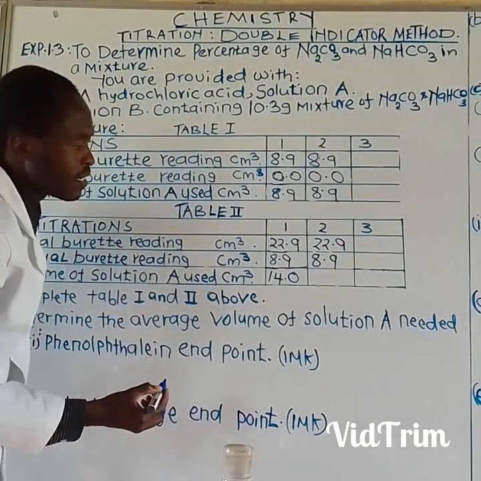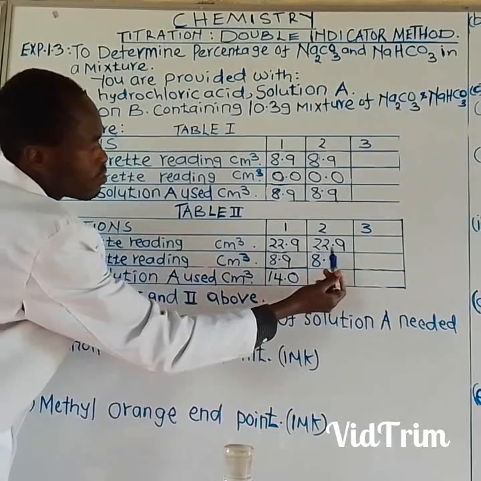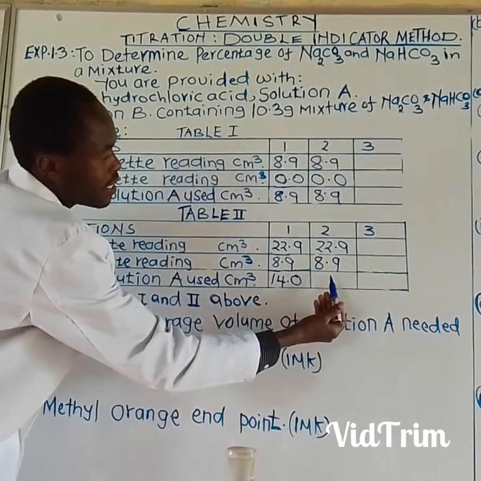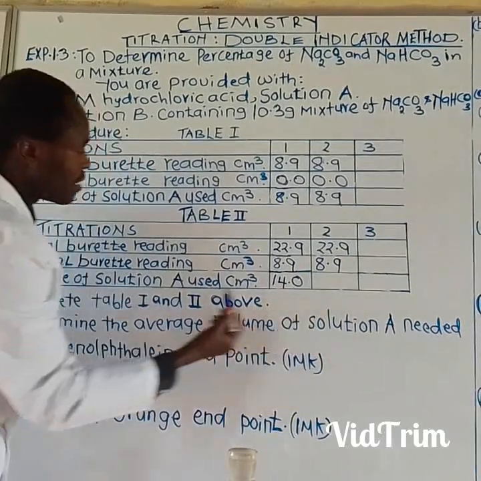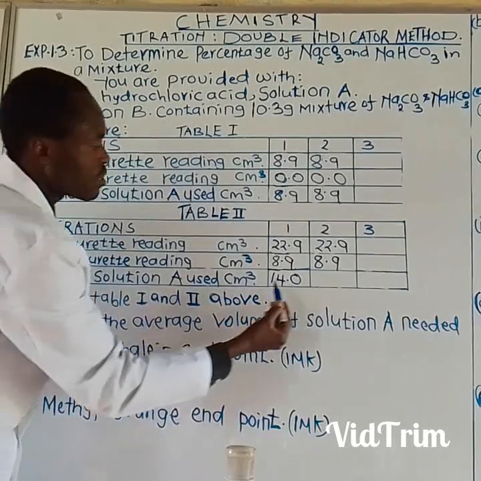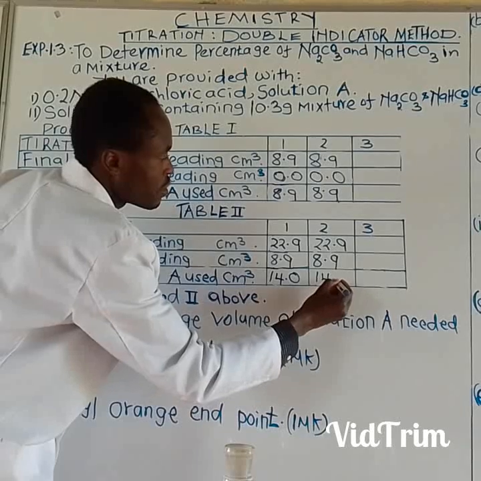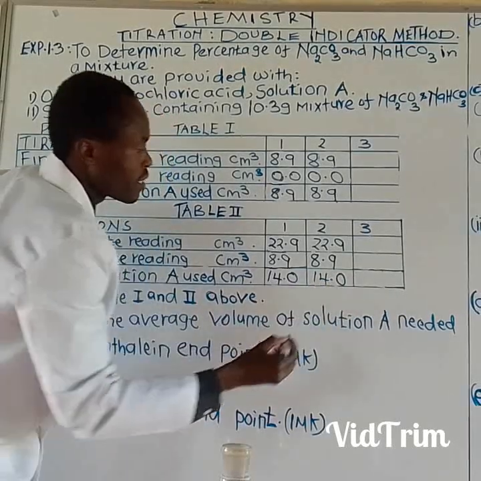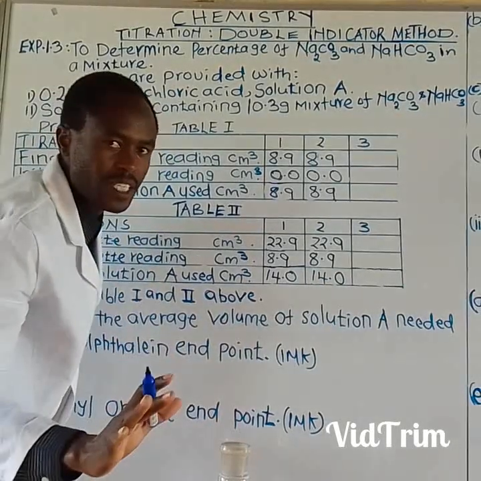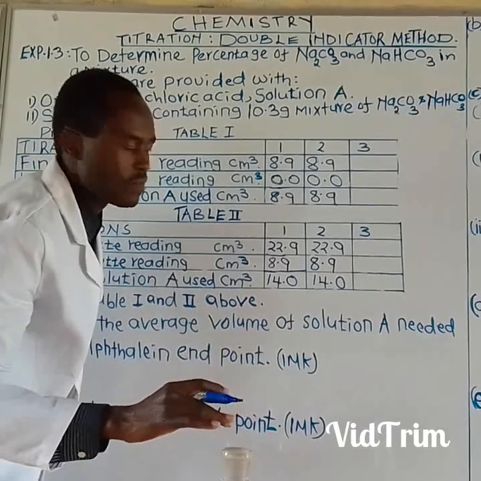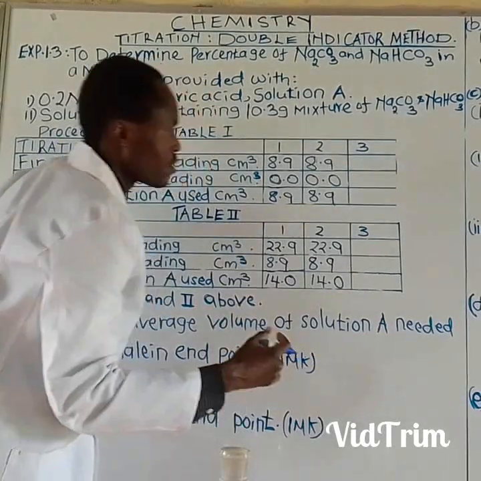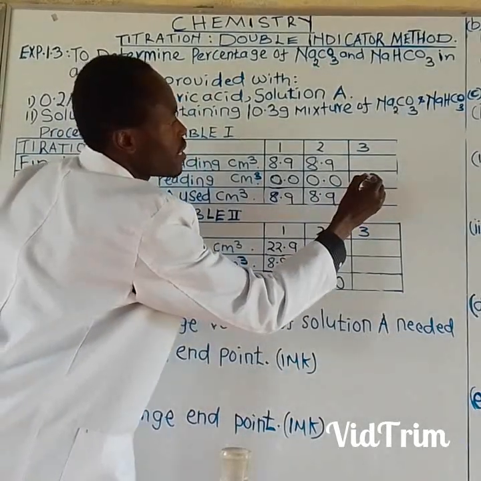Is it okay? Then when you take the 22.9 minus 8.9, the volume of solution A used in the second table will remain 14.0.